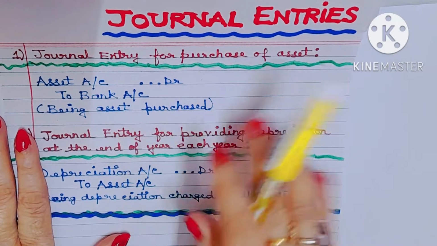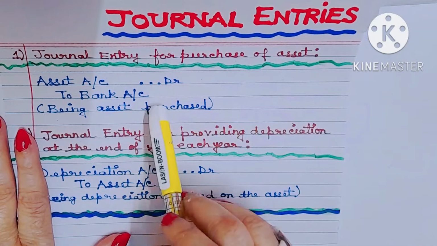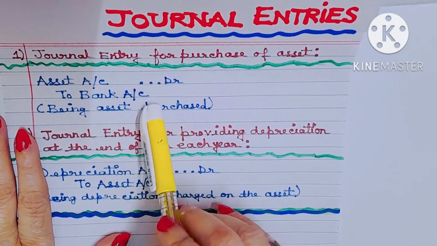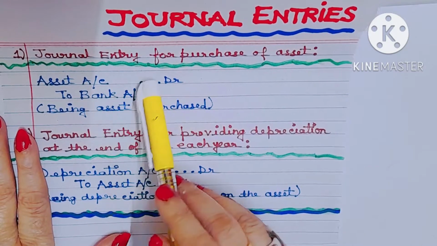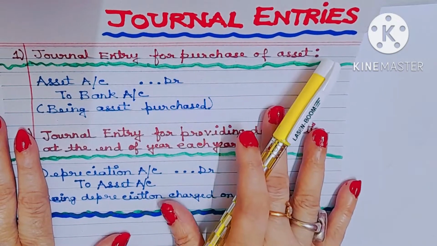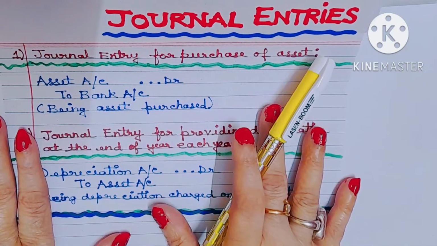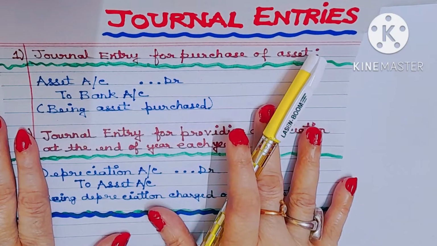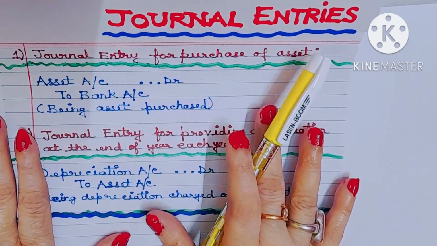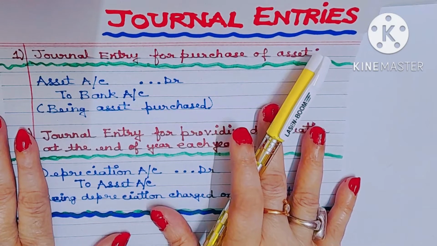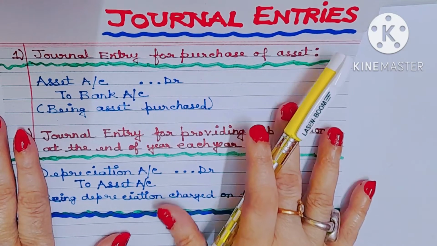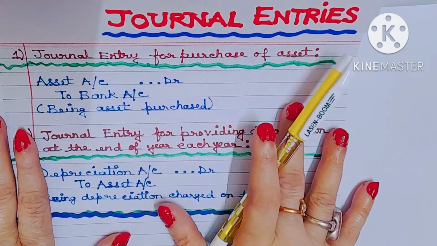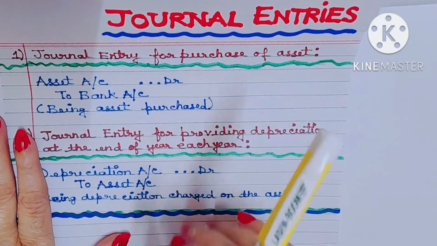When an asset is purchased, the journal entry will be asset account debit to bank account and not asset account debit to cash account. Why? Because normally the business prefer to buy assets through check and not in cash. They could be shown in the books and depreciation claimed.